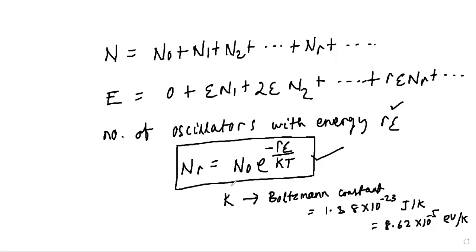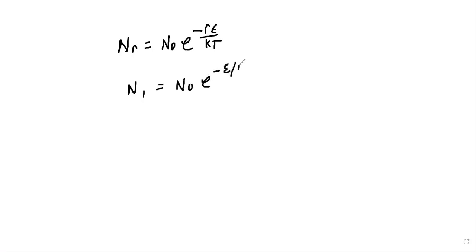Now let us write all the values, like what is N1 in terms of N0, N2 in terms of N0, and so on, and then substitute for N. Using that distribution function, Nr is equal to N0 e to the power minus rE by kT. For N1, it is N0 e to the power minus E by kT.